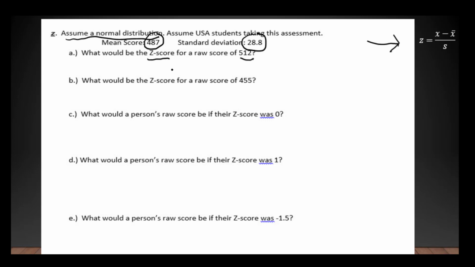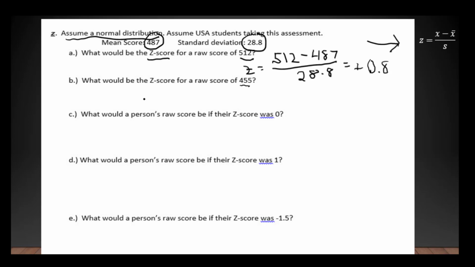So hit pause and work it out, and I'll put it up here. And I'm getting a positive 0.87, rounded. So what would the z-score be with a raw score of 455?